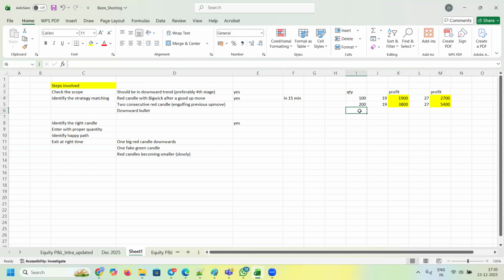People who are very confident may do it with 500 so that one trade per day is sufficient for them. 9,500 you will get if you are taking 500 quantity. So you can decide based on what you want, your risk appetite. Is this clear, sir?